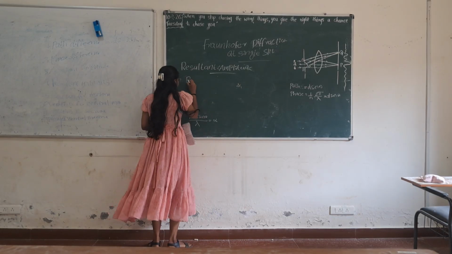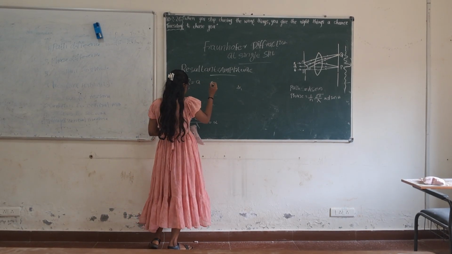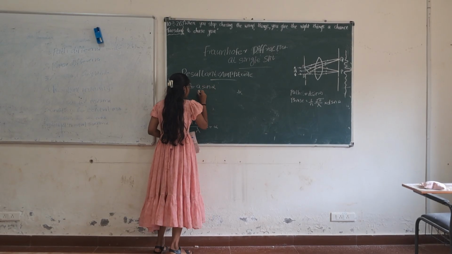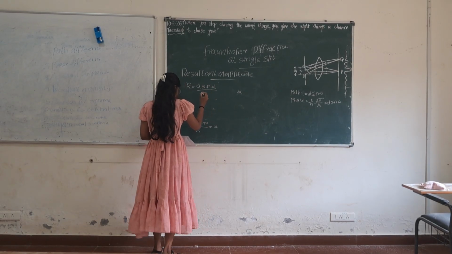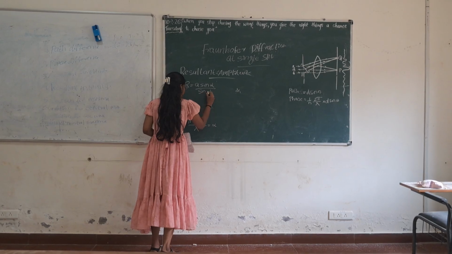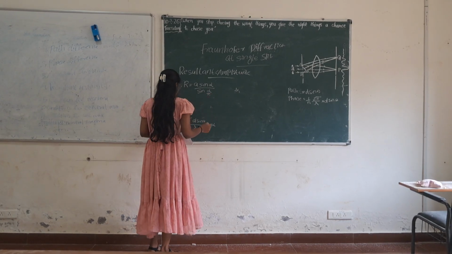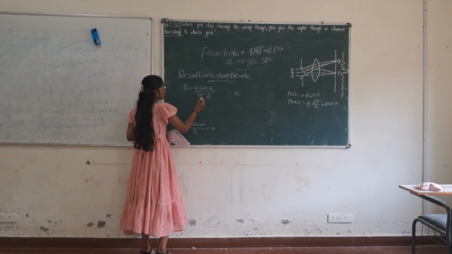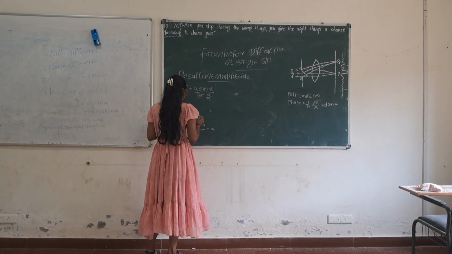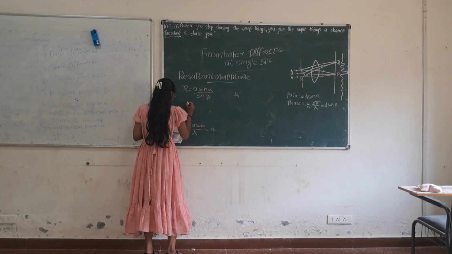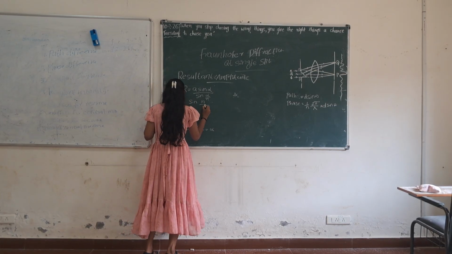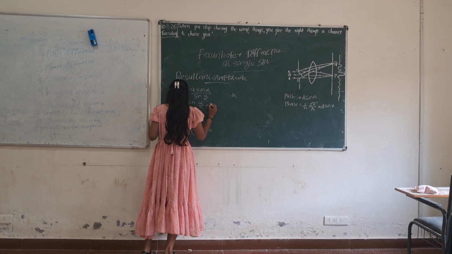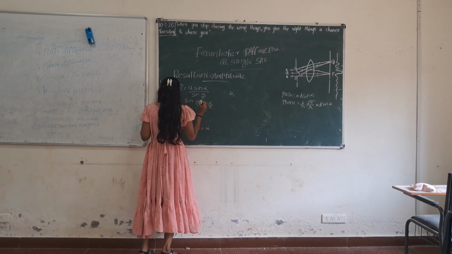So R is equal to A sin alpha by sin alpha by n. n is very large, so alpha by n is very small. Therefore sin alpha by n is equal to alpha by n.